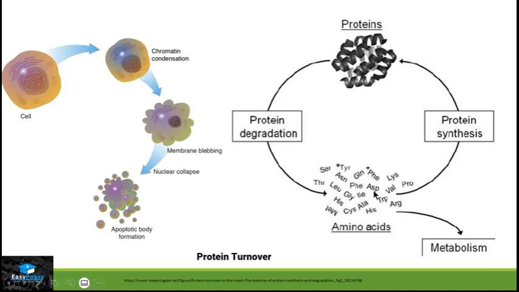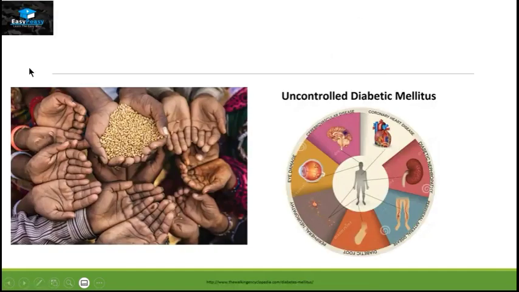Once these amino acids are broken down, the body does one of two things: it uses the amino acids for protein synthesis, formation of another protein, or they undergo further metabolism leading to energy production, or the body's essential chemical substances.